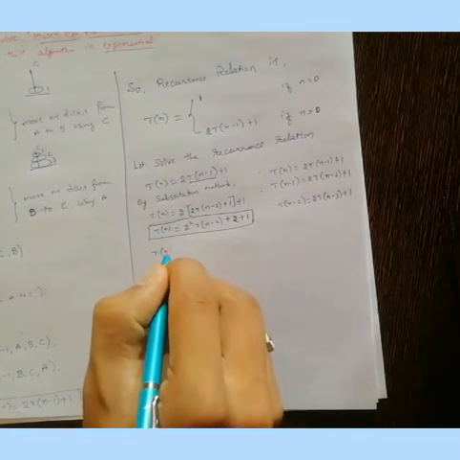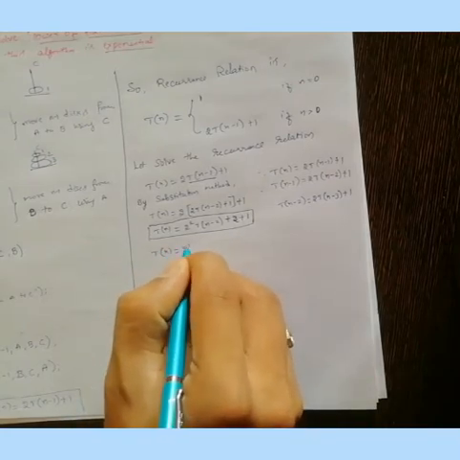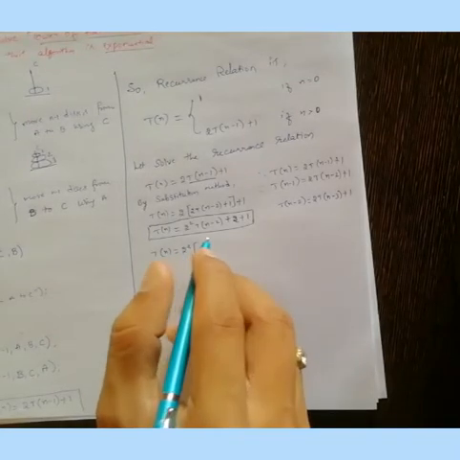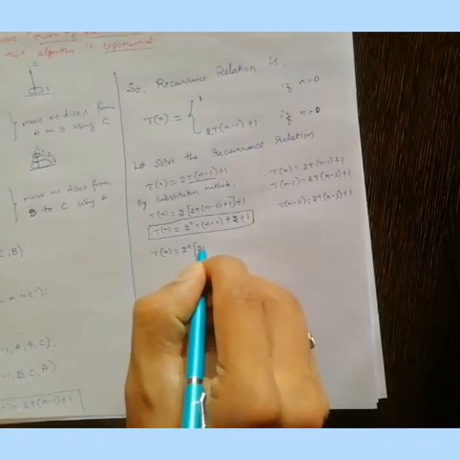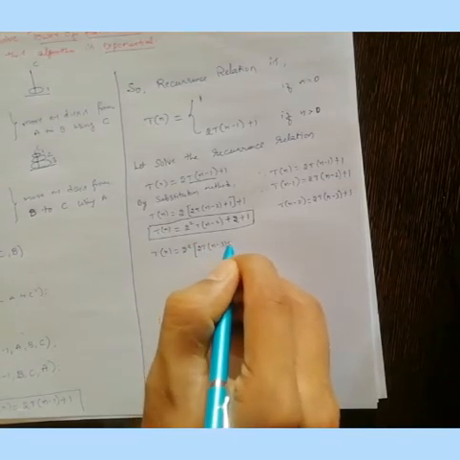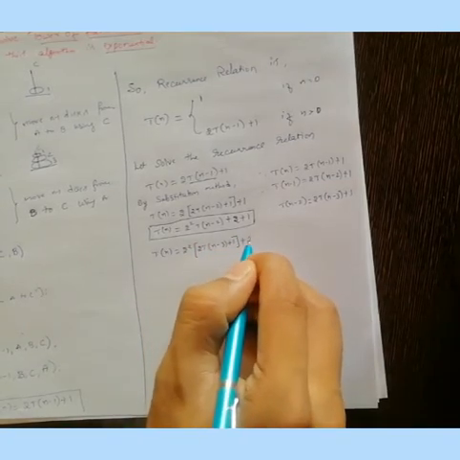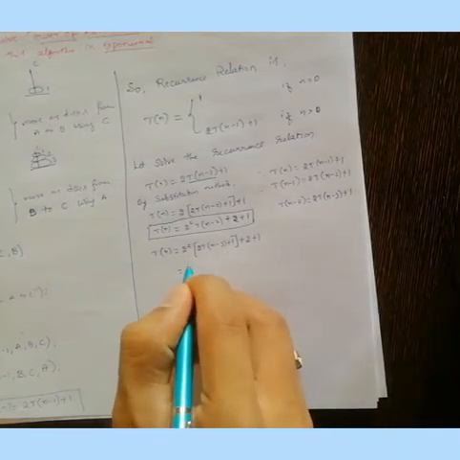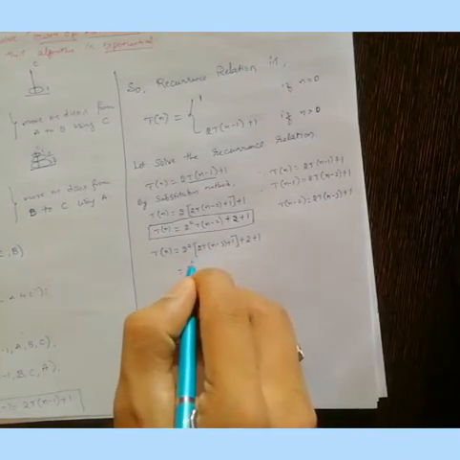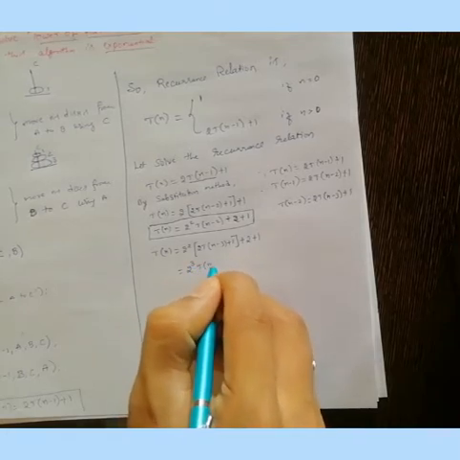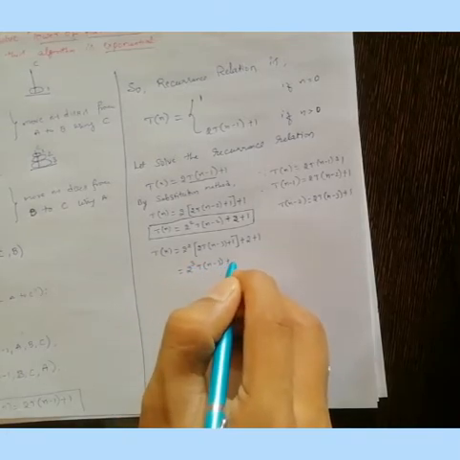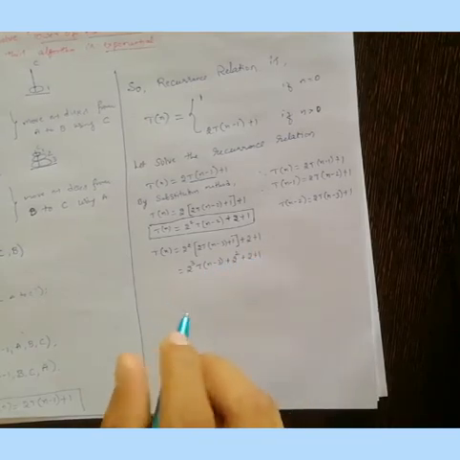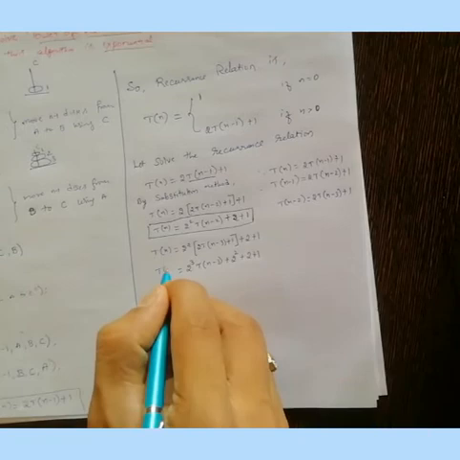We will get T of n is equal to 2 square as it is, instead of T of n minus 2, 2 T of n minus 3 plus 1, plus 2 plus 1. So now just tell me, 2 square into 2, 2 power 3 T of n minus 3 plus 2 power 2 plus 2 plus 1. So that is T of n.